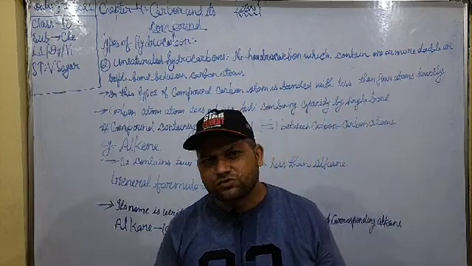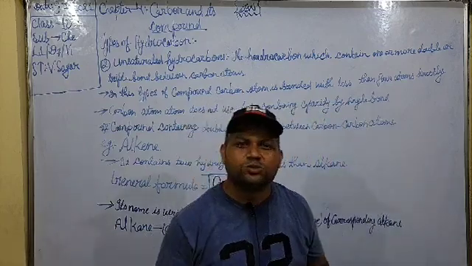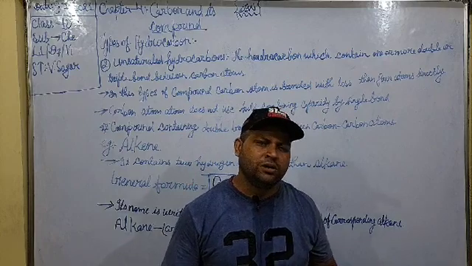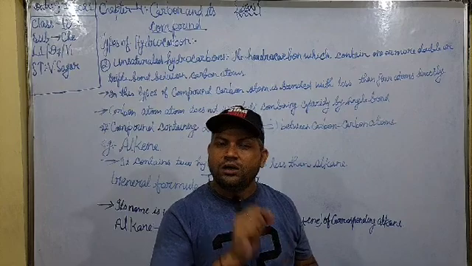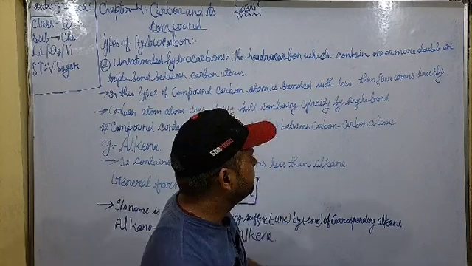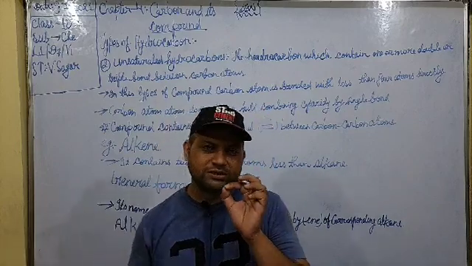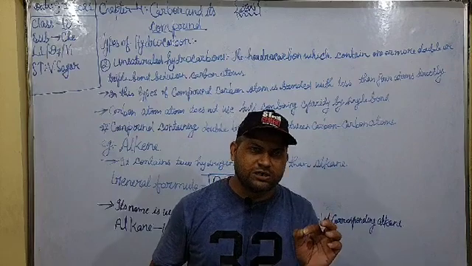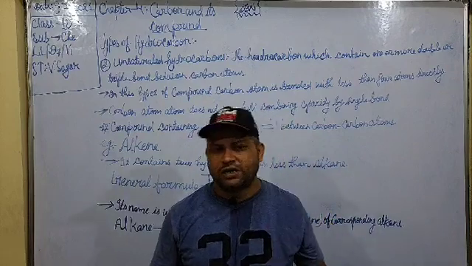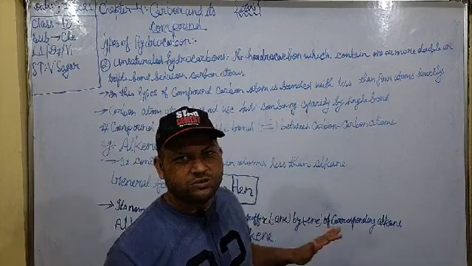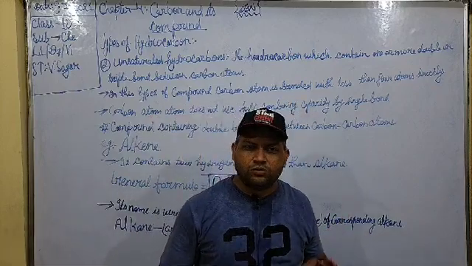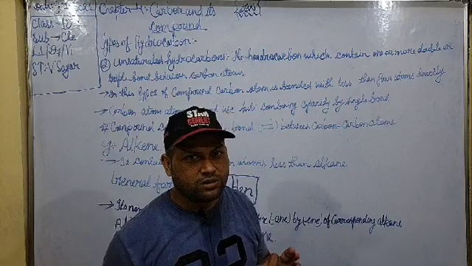But in unsaturated hydrocarbons, carbon does not combine with 4 atoms, it combines with fewer. So these are the main differences between unsaturated and saturated hydrocarbons. This is a very versatile property of carbon, to form unsaturated compounds.